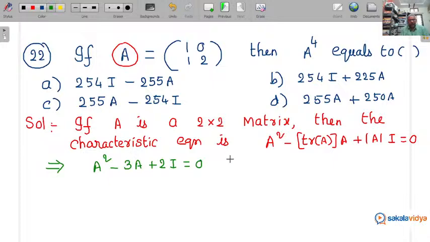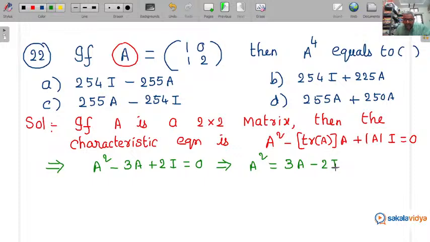So for our convenience, you can write A square is equal to 3A minus 2I. So just if you observe, A square is 3A minus 2I.